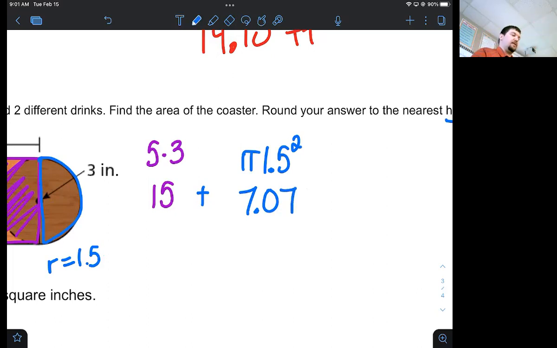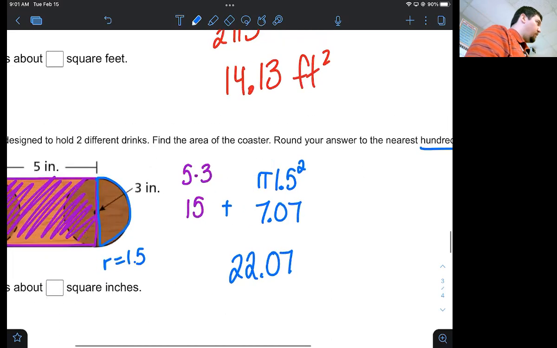So now it's rounded to the nearest hundredth. Now I add 15 onto the 7. Aiden, what's 15 plus 7.07? All right, and how do I label area problems? Inches squared. All right.